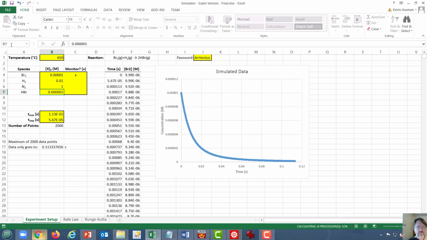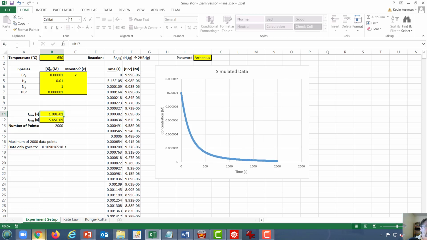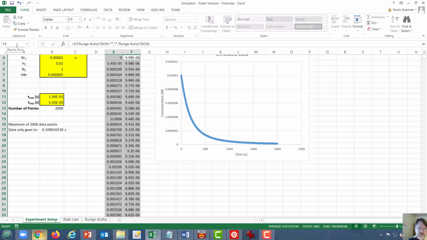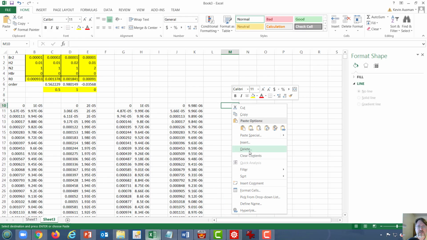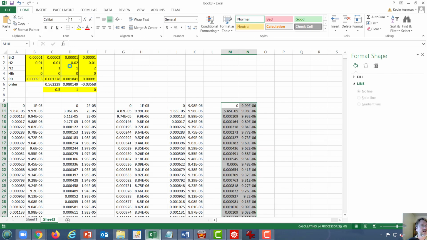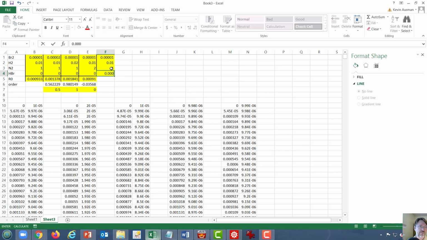Okay, wait for Excel to catch up. X comma Y, copy over here. Paste numeric. Nope. 0.000001. All right.